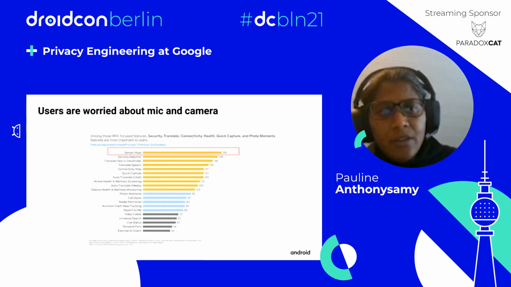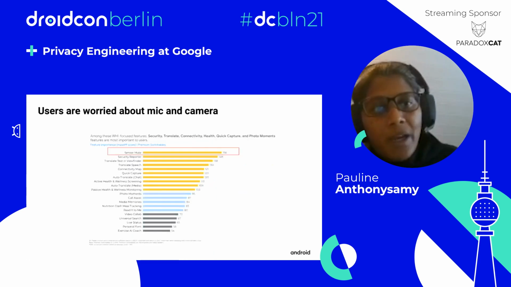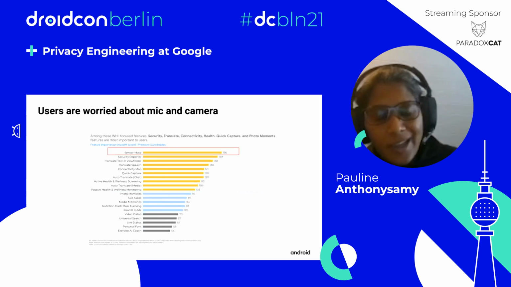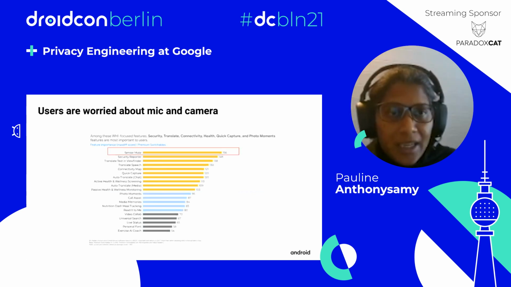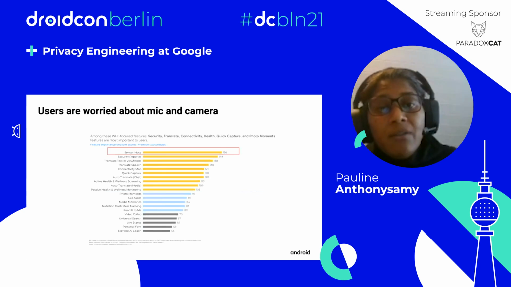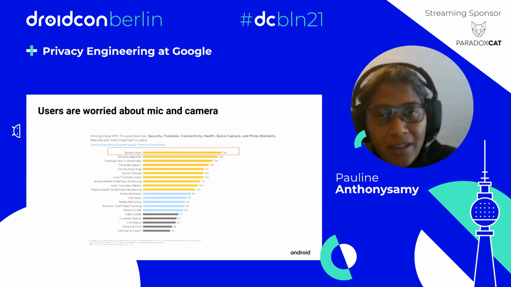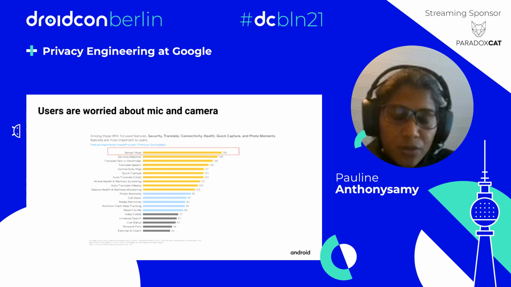So we realized that users are generally worried about the mic and camera. And a recent study we did on all of the Android permissions further reinforced the user's sense of discomfort with mic and camera. On Android, previously, we have limited the background access of mic and camera, with some exceptions, of course.